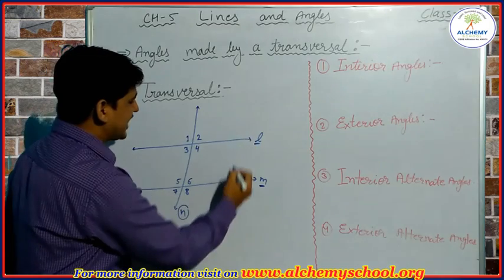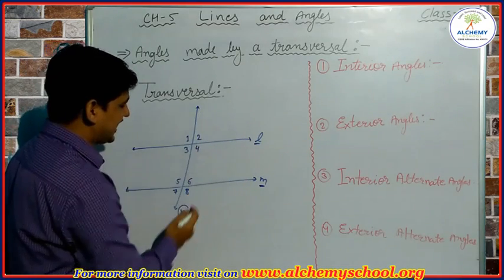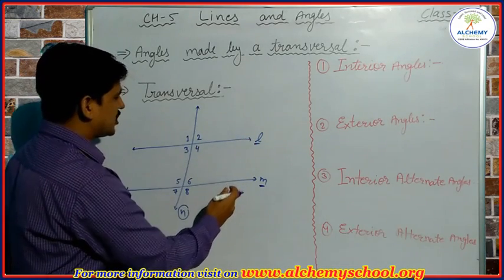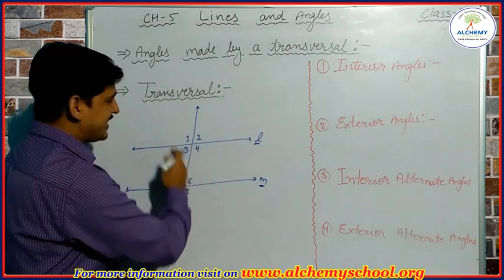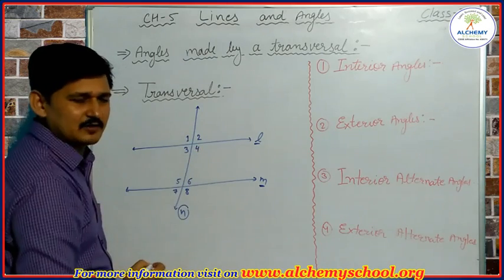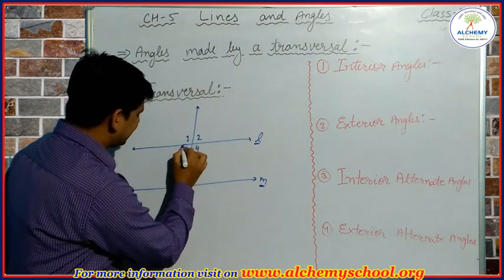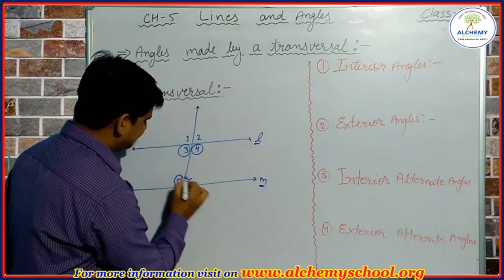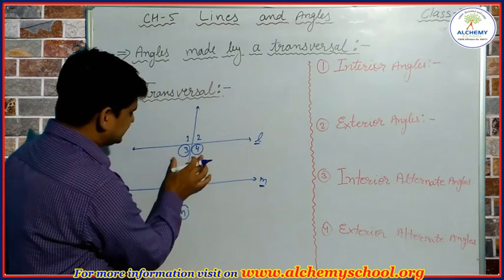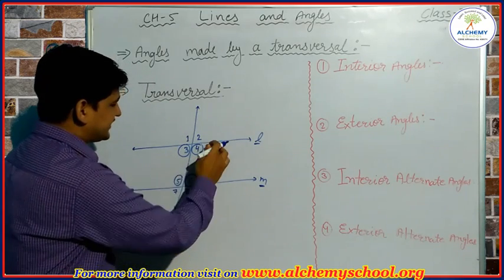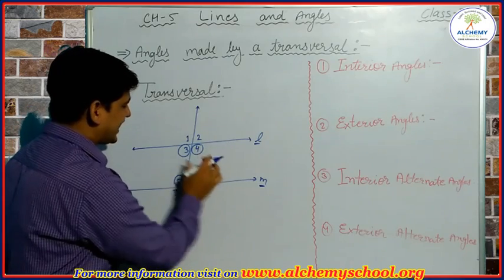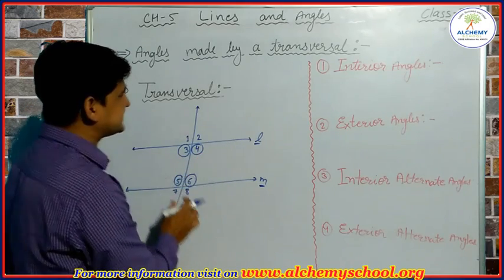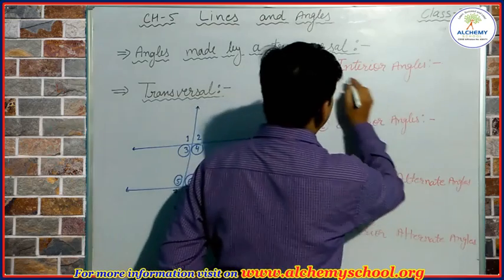When two lines are crossed by the transversal, it makes different kinds of angles. We can see angle 3, angle 4, angle 5 and angle 6. These four angles are made between these two lines, so they are considered interior angles.